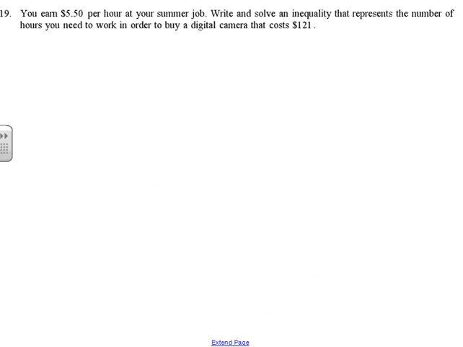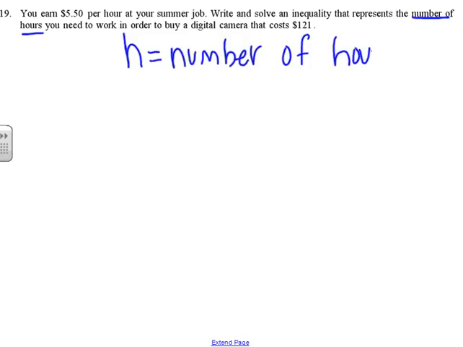All right, now we get to the word problems. Number 19, you earn $5.50 per hour. Write and solve an inequality that represents the number of hours. That's what we're looking for. You need to work in order to buy a digital camera for $121. So we can say N or H. Let's do H. H is number of hours.